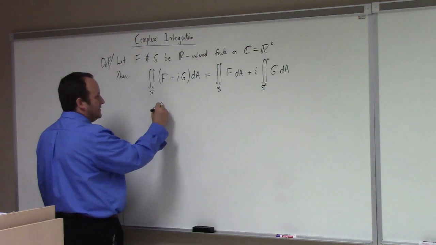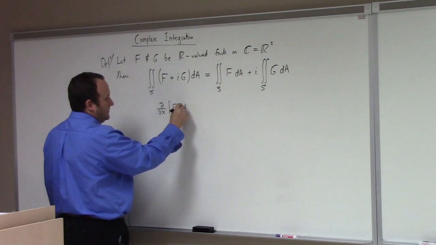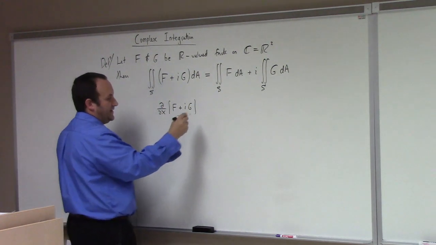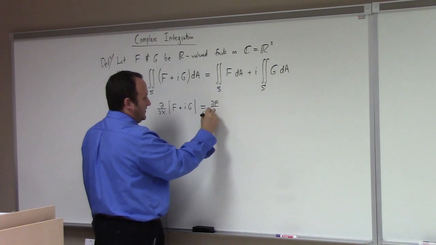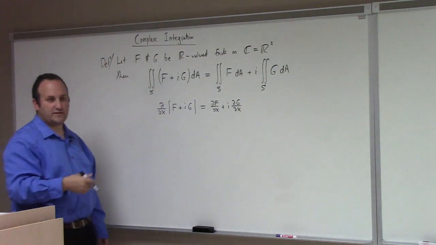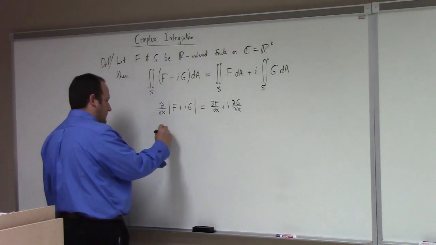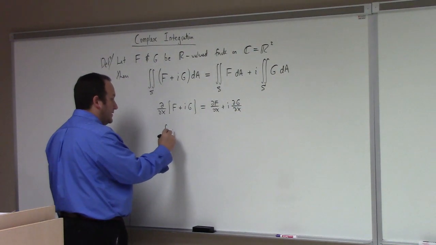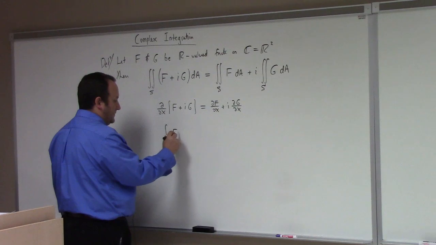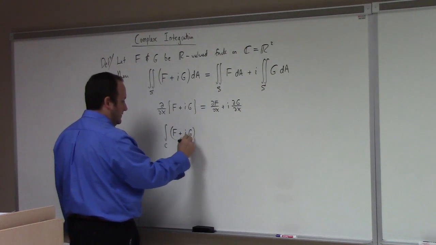Another thing I should mention, I think we've already talked about this, but if we're going to partially differentiate, how do we partially differentiate a complex sum of real valued functions? We just take partial derivatives. I mean, this has been introduced in this course already, but just a reminder, this is how we partially differentiate a complex valued function with respect to a real variable. And we can also do things like the integral over a curve of, say, f plus ig dx.